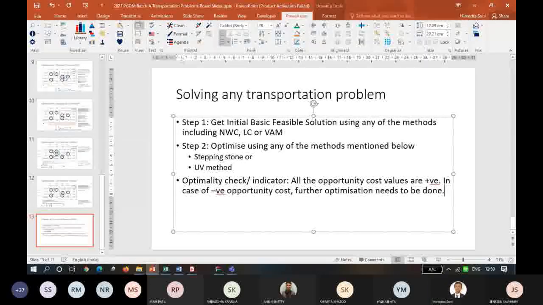So till this point, we are finished with all the conceptual methods which are required to be learned for solving transportation problems. What we'll do is take up some numericals.